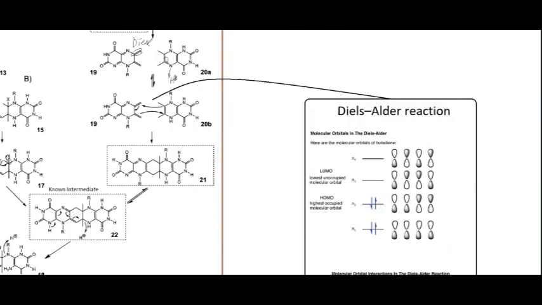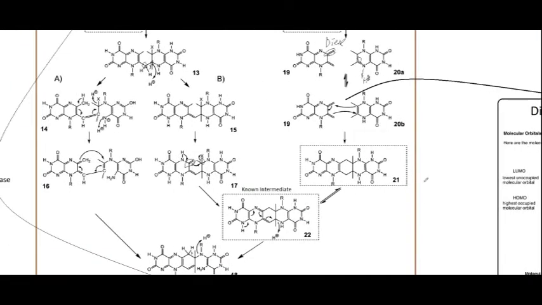And so often the mechanism for that is shown like this. It's not actually happening like this, but it's a good bookkeeping method. Having an arrow go here, this arrow go here, this arrow go here.